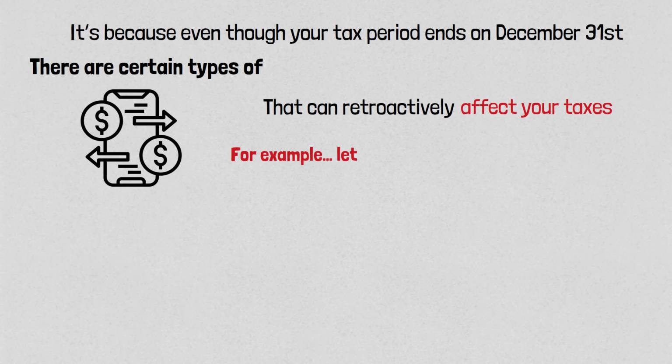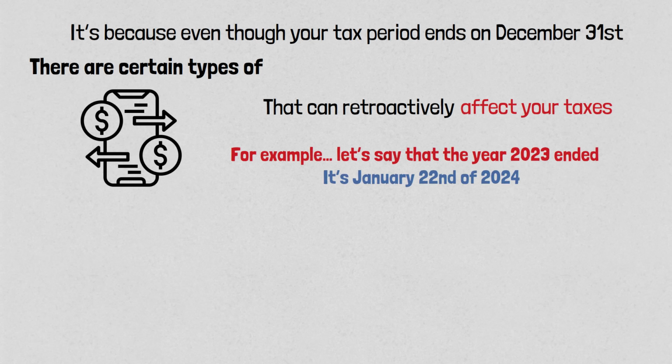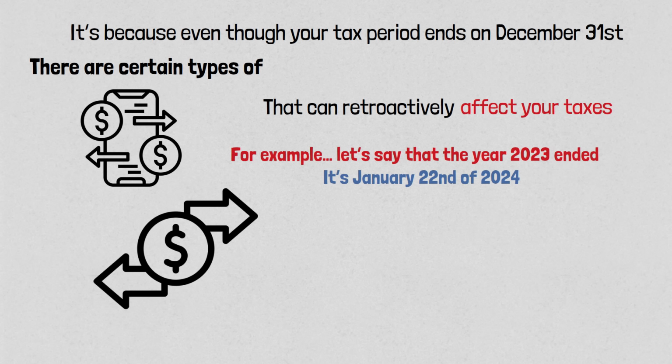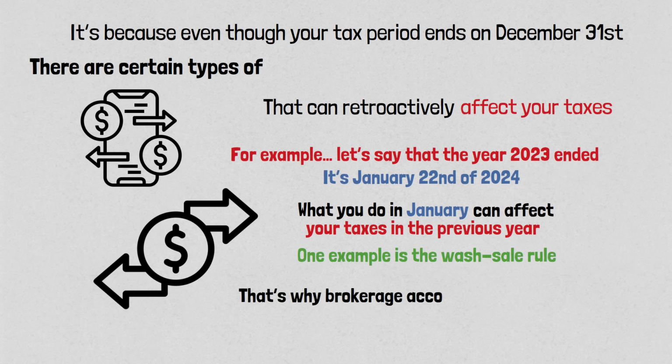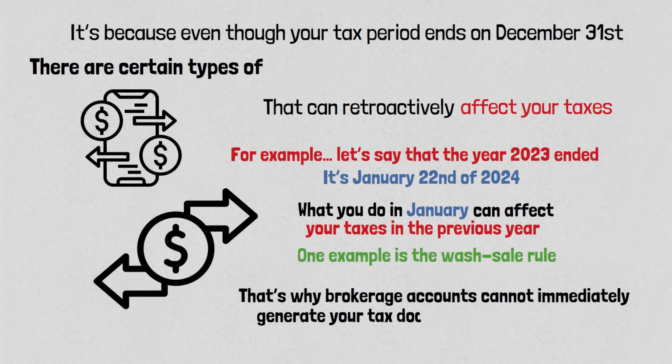So for example, let's say that the year 2023 ended and it's January 22nd of 2024. With certain transactions, what you do in January can affect your taxes in the previous year. One example is the wash sale rule.